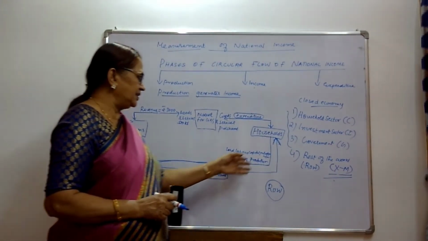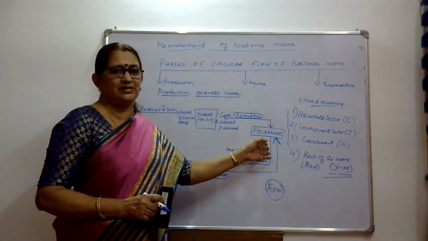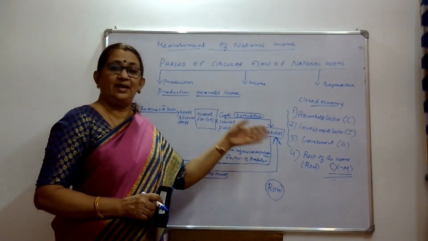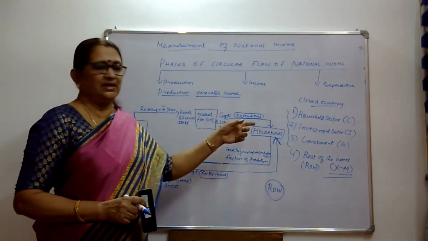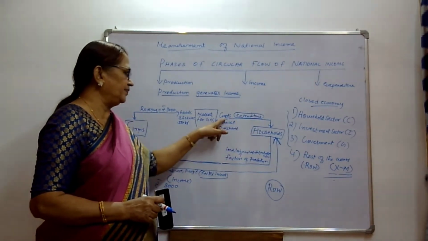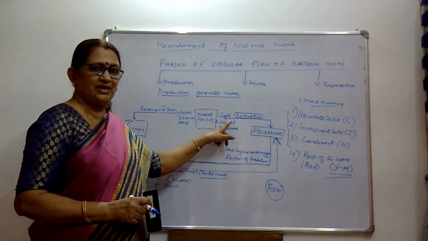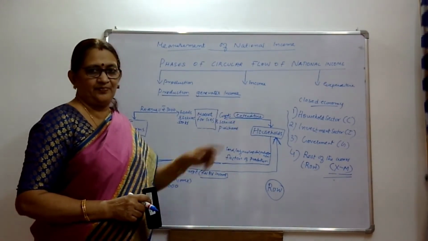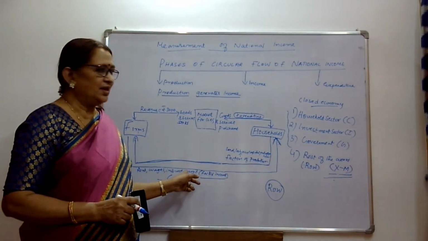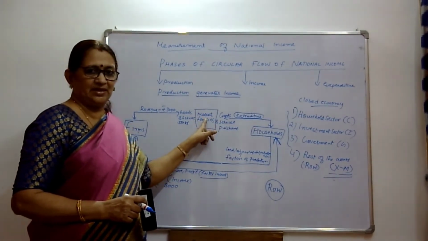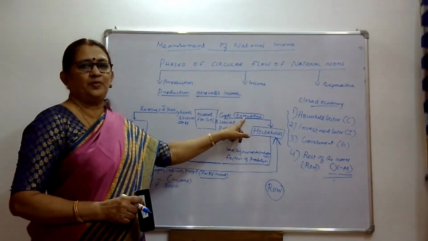And this is received by whom? Factor income is received by the household. It actually adds to their purchasing power. With this income they are purchasing the same goods and services. It generates expenditure. The income generated is spent on the same goods and services, means this income itself generates expenditure.